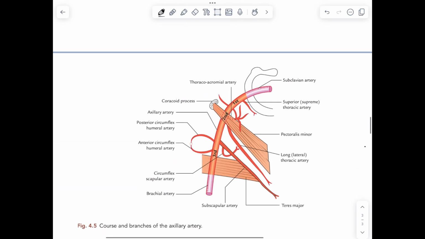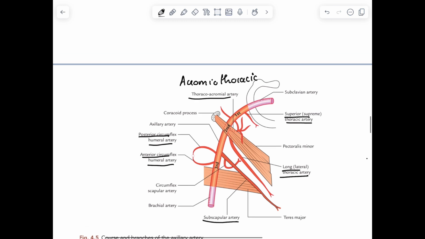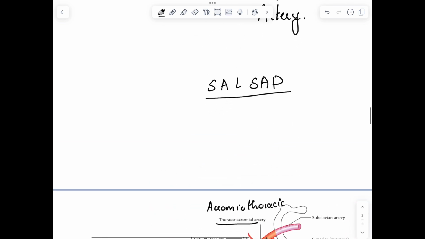S stands for superior thoracic artery, A stands for acromiothoracic or thoracoacromial artery, L stands for long or lateral thoracic artery. Again, S stands for subscapular artery, A stands for anterior circumflex humeral artery, and P stands for posterior circumflex humeral artery. So I will just write it down real quick.